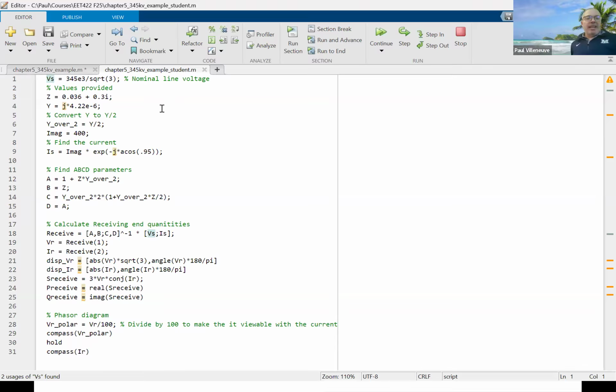Then I calculated my ABCD parameters. Then I defined a matrix called receive. You can call it whatever you want. Then I pulled out my VR and my IR. And then I make a display so that you can actually see magnitude and angle. So let's go ahead and run this and see what we get for answers.